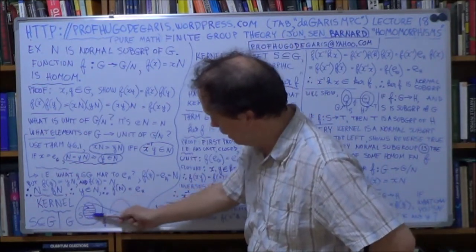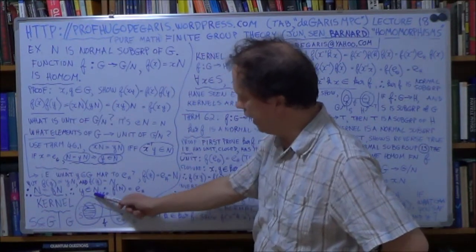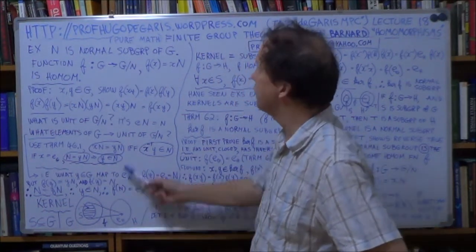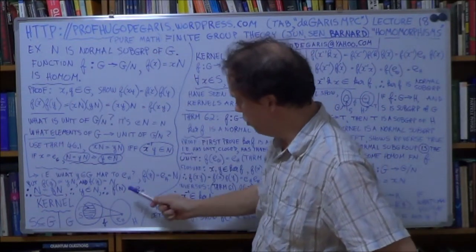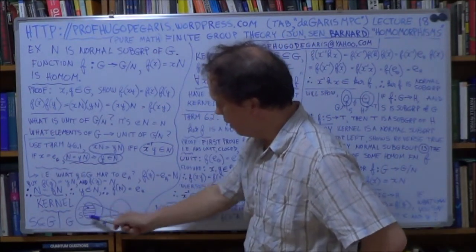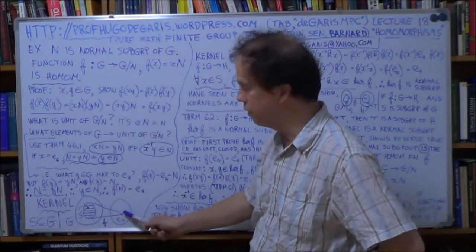So our subset here of group G is in fact N. And what is N? N is the normal subgroup. So the normal subgroup N, its elements map to the unit. That's what we've shown, that's what we've proved.